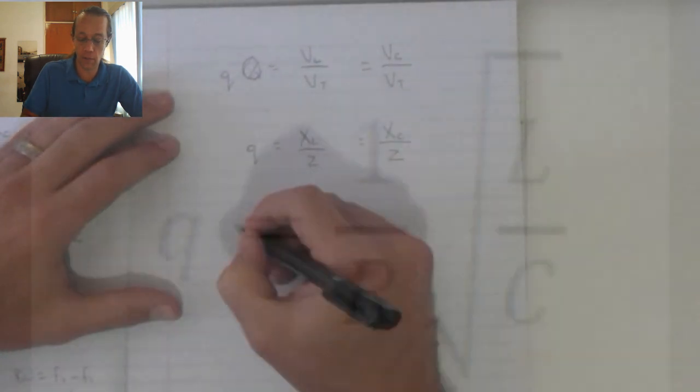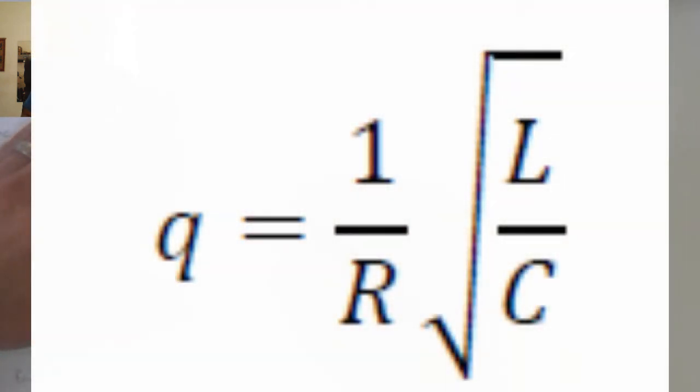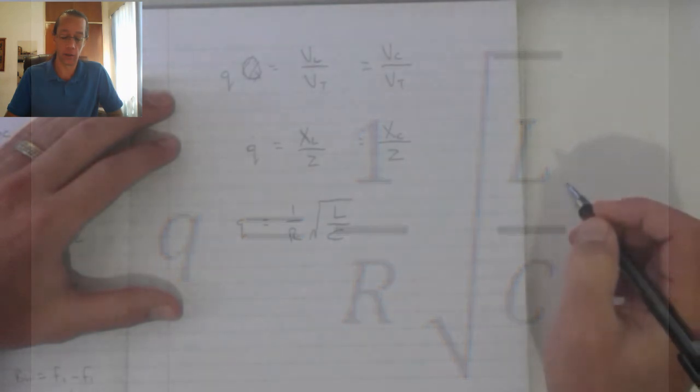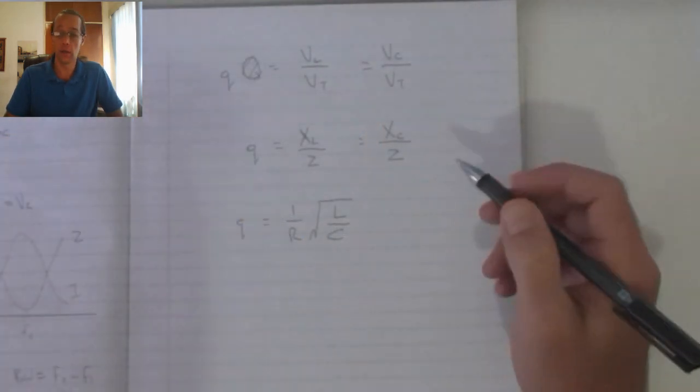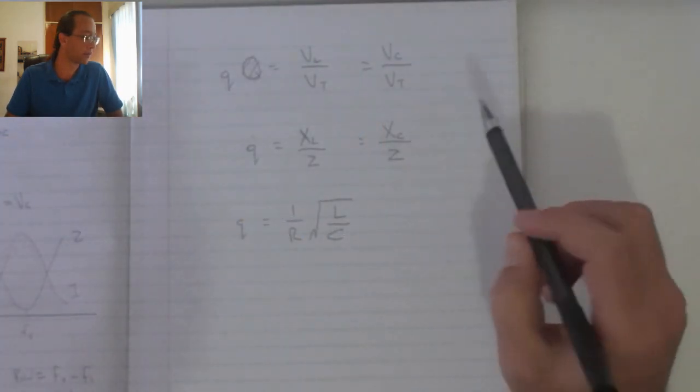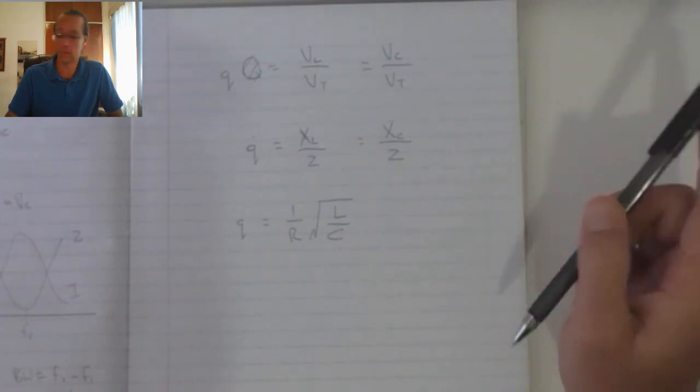Final formula, this is the one that I actually prefer because it's the most simple: Q equals 1 over R multiplied by the square root of L divided by C. And those will all allow us to determine the Q factor for our RLC circuit.